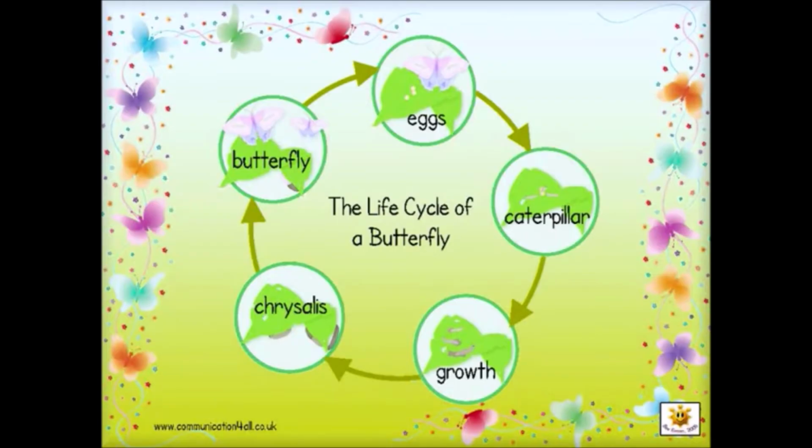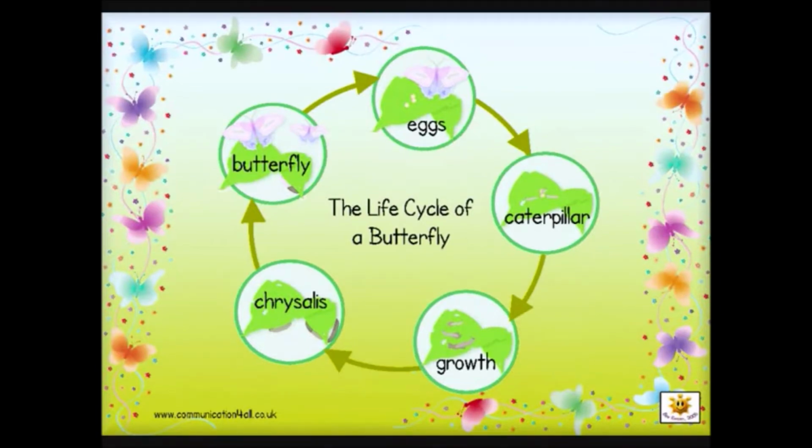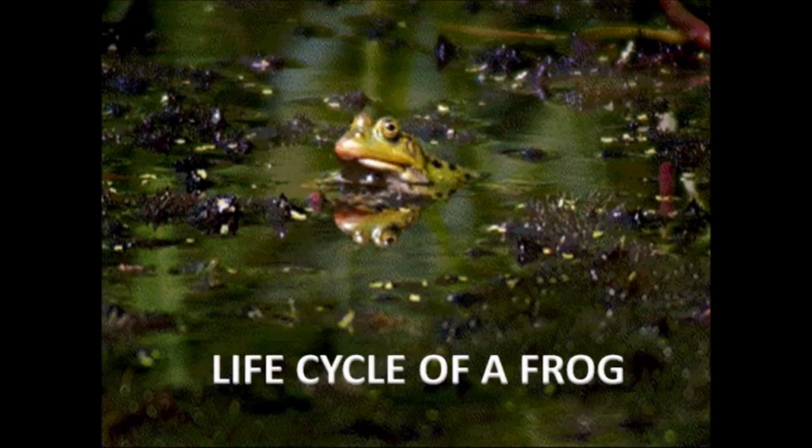The life cycle of a butterfly thus has eggs, caterpillar, then they grow, and then you have chrysalis, and then they become butterfly.